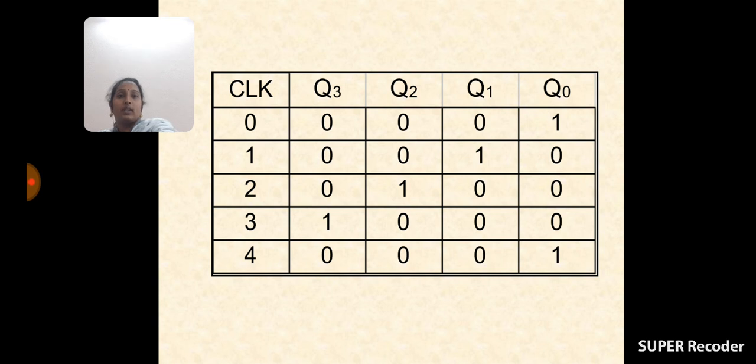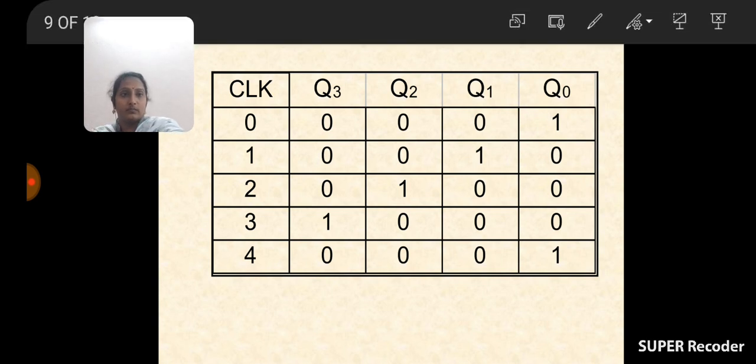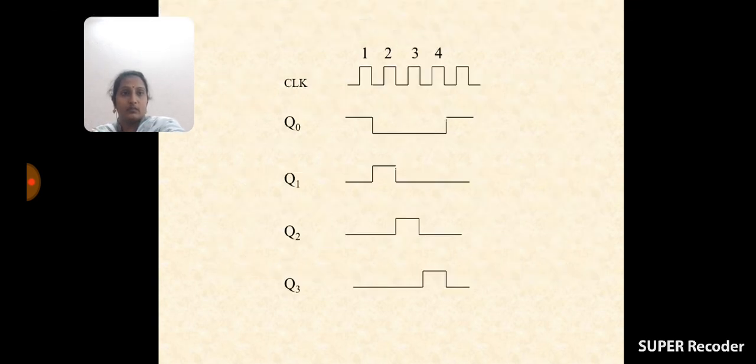And see, while coming to the timing diagram, for the first clock pulse Q0 is 1, for the second clock pulse Q1 is 1, for the third clock pulse Q2 is 1, and for the last clock pulse Q4 is 1. And for the second, third, fourth clock pulses Q0 is 0, and for the first, third, fourth, Q1 is low.